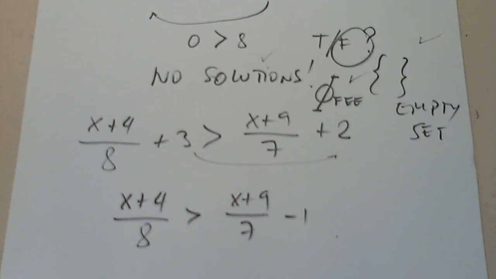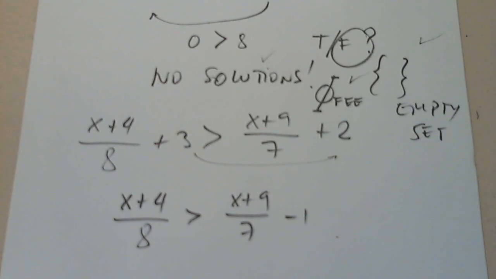And now you know exactly what I'm going to do next. It's part of cleaning it up. Multiply the left side by 8 and the right side by 7. I can never do that. I can never multiply one side by 15 and the other side by 100. That's never possible.